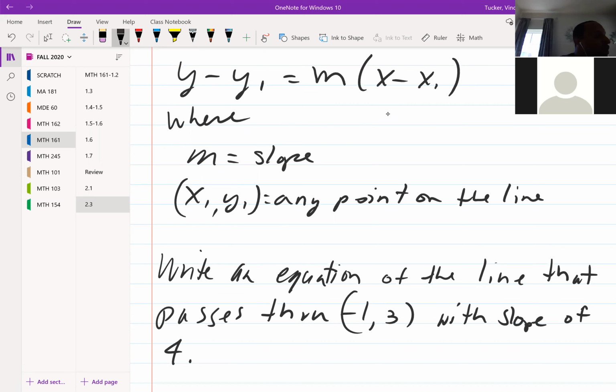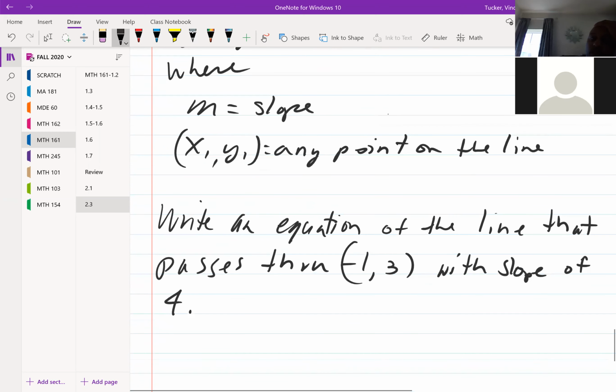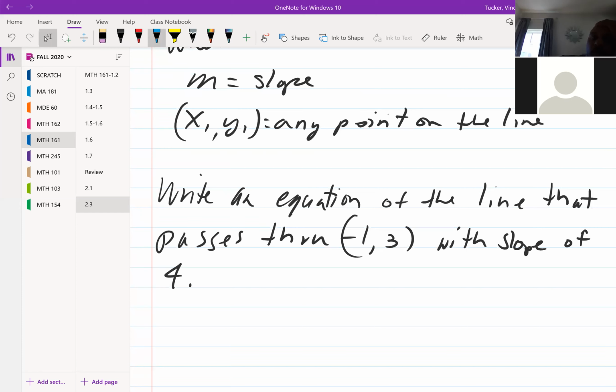All right, so this will probably be the last one for the day. Write an equation of the line that passes through -1, 3 with a slope of 4. So my slope is 4.